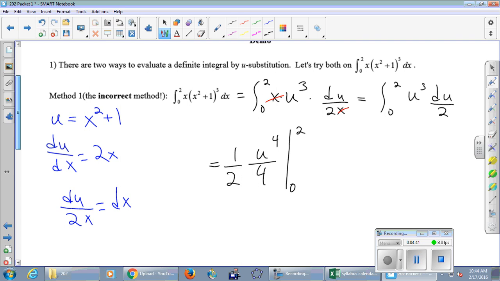Okay, so far so good. And then we're going to change that u. U is going to go back to x squared plus 1. So it's (x squared plus 1) to the 4. Let's mush together the denominators and get an 8. And then we'll go between 0 and 2.